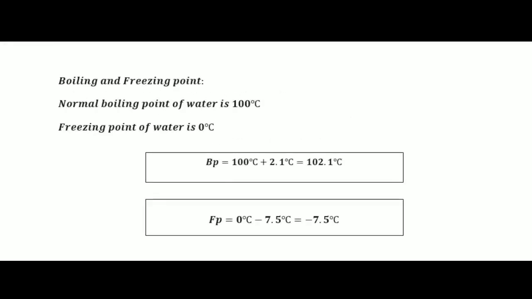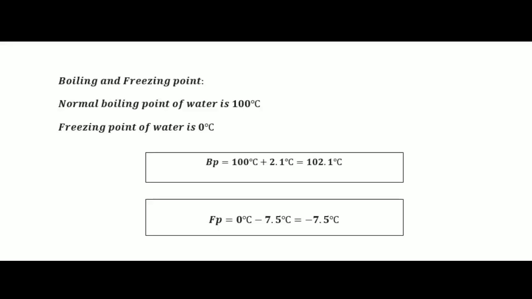Then the normal boiling point of water is 100 degrees, and the normal freezing point is 0 degrees Celsius. Then to calculate the boiling point, we're going to add 100 degrees Celsius plus the answer that we get from the boiling point elevation, which is 2.1 degrees Celsius, so we will have 102.1 degrees Celsius.